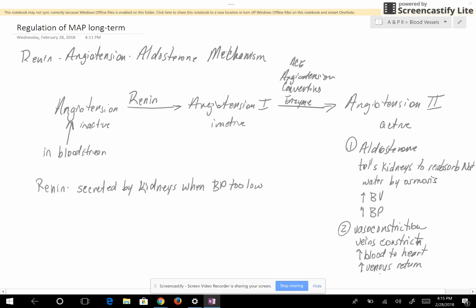What goes in the heart must come out, so increasing venous return is going to increase cardiac output. Increasing cardiac output will therefore increase the blood pressure, because we know that mean arterial pressure equals cardiac output times peripheral resistance.